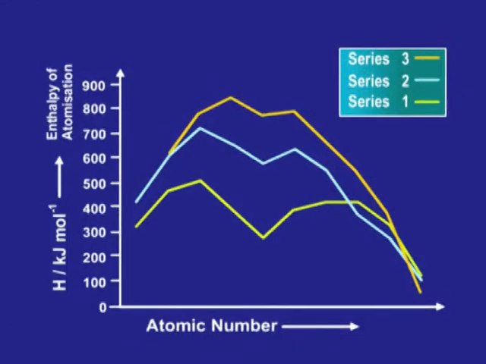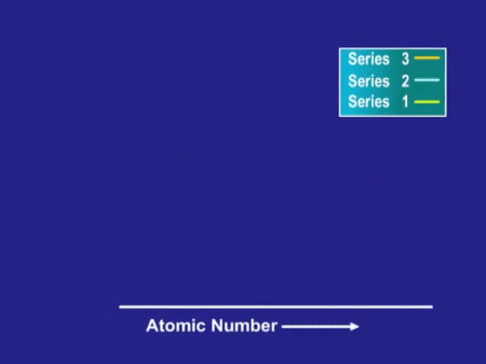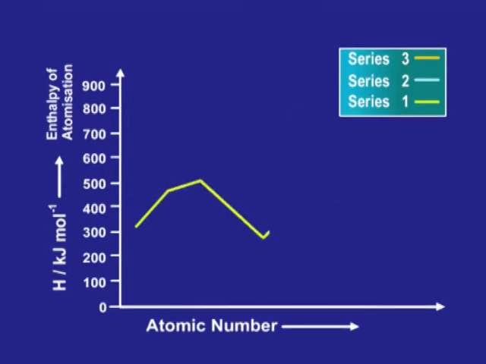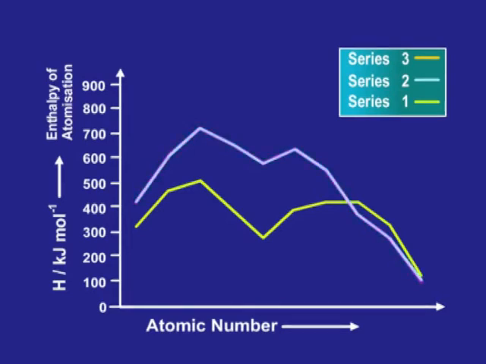Now look at this graph on the screen. Here, atomic number is plotted against enthalpy of atomization. We are looking at three-line graphs here. Graph 1 represents the first transition or 3d series. Graph 2 represents the second transition or 4d series. Graph 3 represents the third transition or 5d series.